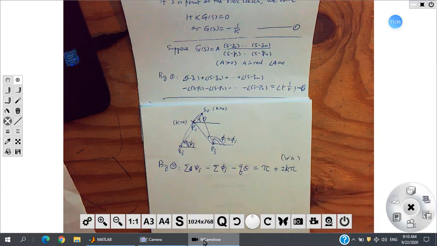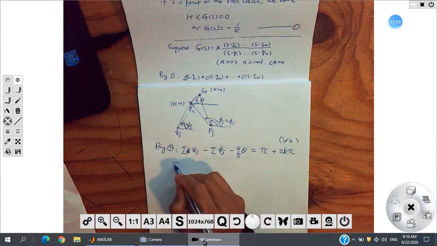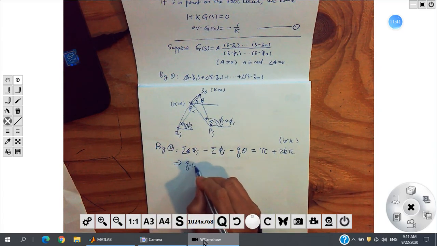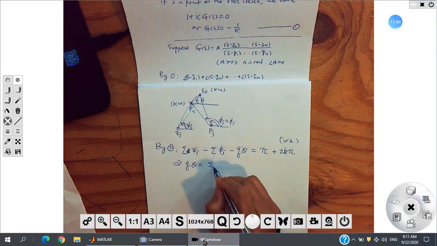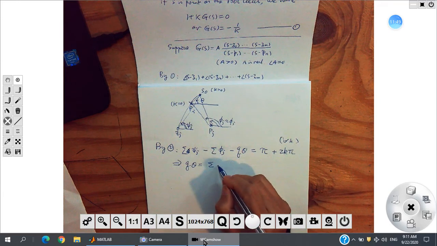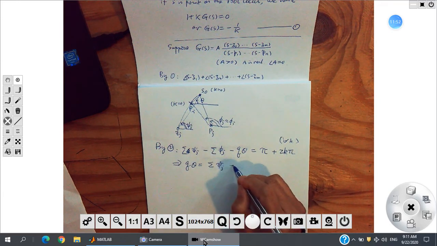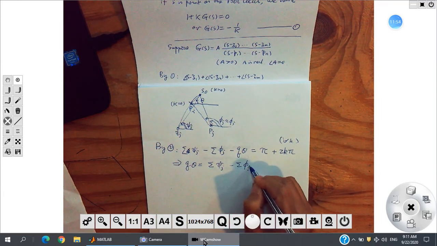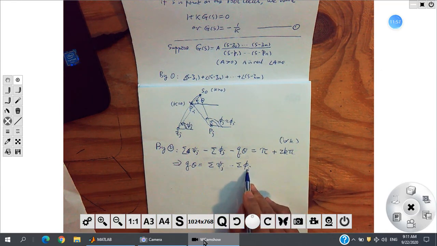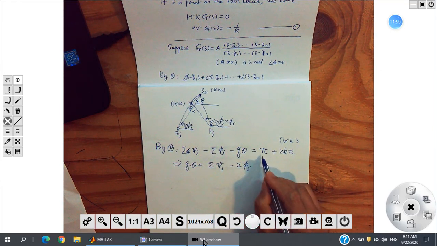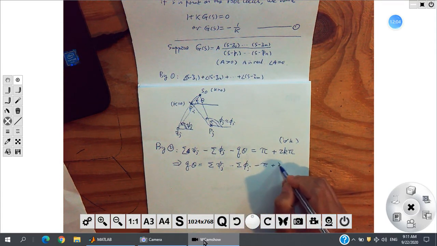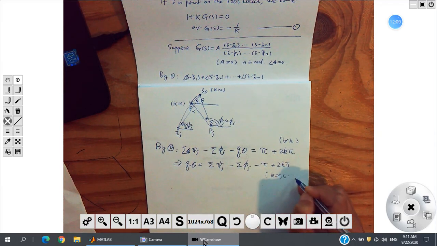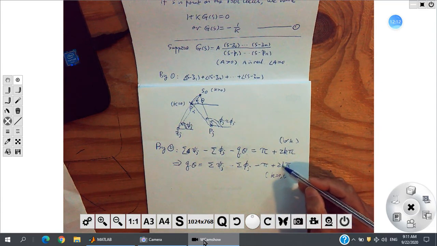Then we have q theta equal to the summation of this varphi minus the summation of this phi. Varphi is according to zeros and phi according to poles, and the minus of pi or plus doesn't matter. You move pi to that side, and 2k pi for any k.